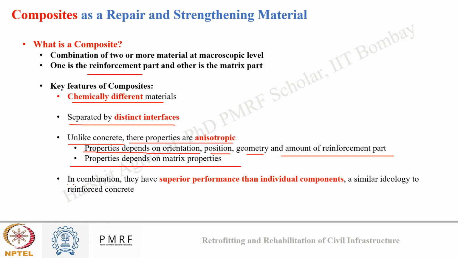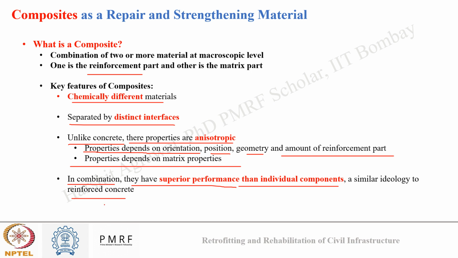In combination, the reinforcement part and the matrix part have superior performance than the individual components, either reinforcement or matrix. A similar ideology applies to reinforced concrete. We say concrete is strong in compression and weak in tension, and steel is strong in tension and weak in durability.